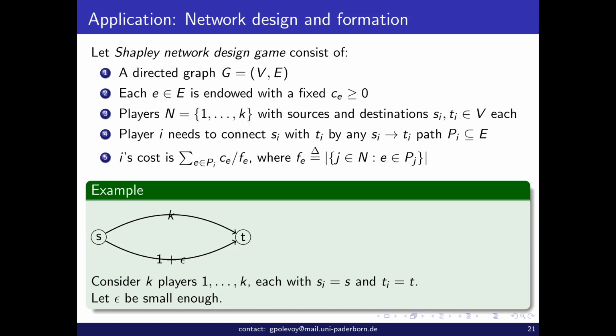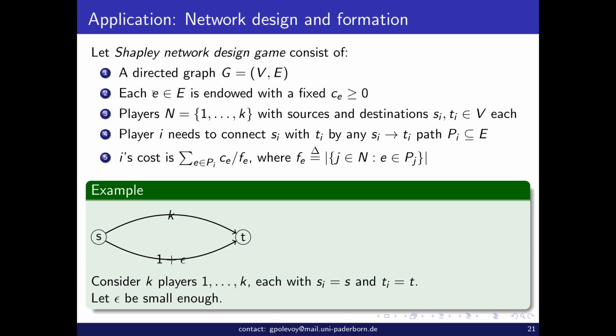And now we are studying a concrete simple case called Shapley network design game, which has a directed graph on vertices V with the arcs E. Perhaps I should have denoted it by A because these are arcs, not just undirected edges, but they are directed.